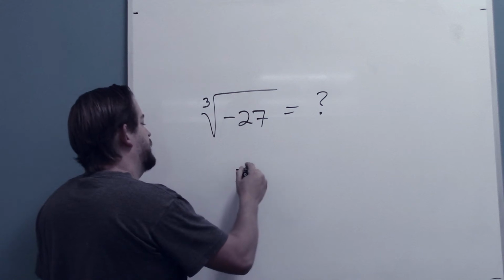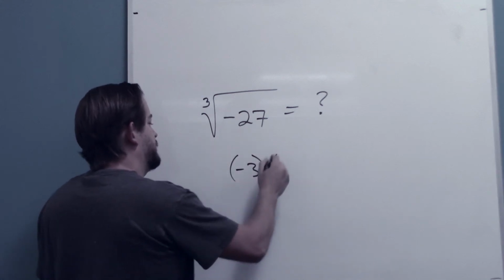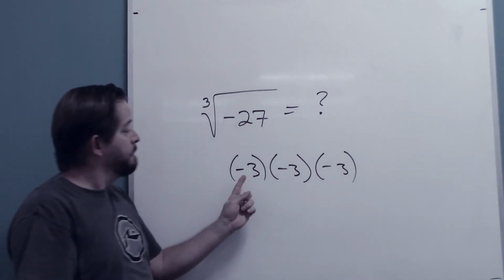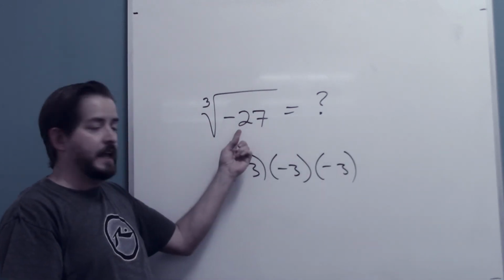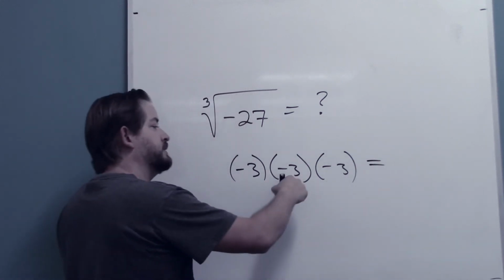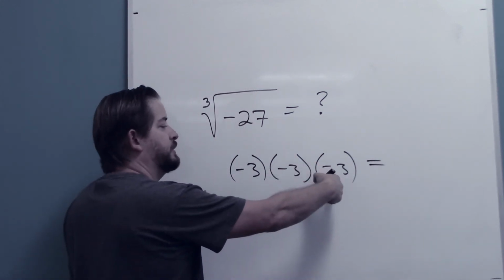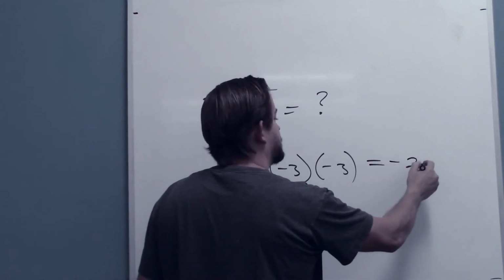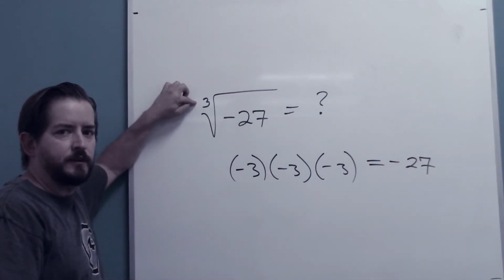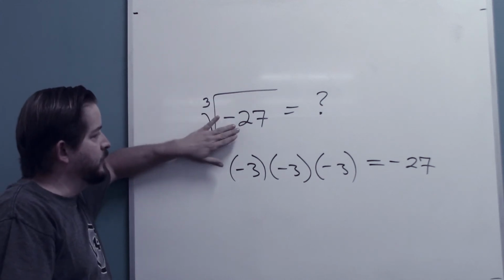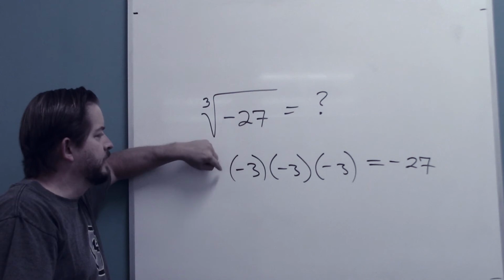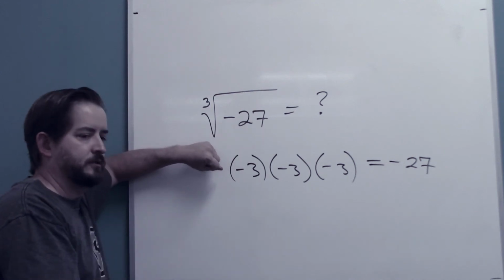And so -3, if I note that -3 multiplied by -3 multiplied by -3, negative times negative times negative is negative, so I'm okay here. -3 times -3 is a +9, multiply that by -3 and I get -27. And therefore, if I have an odd index, a 3, a 5, a 7, and so on, I'm okay to have a negative radicand, right? And so I can end up with a negative solution here.